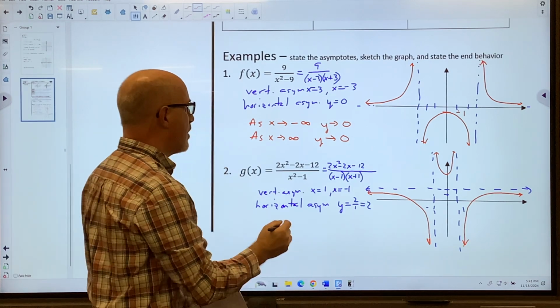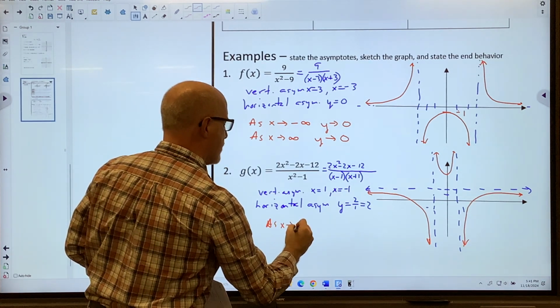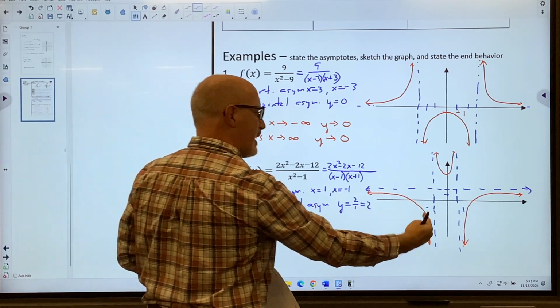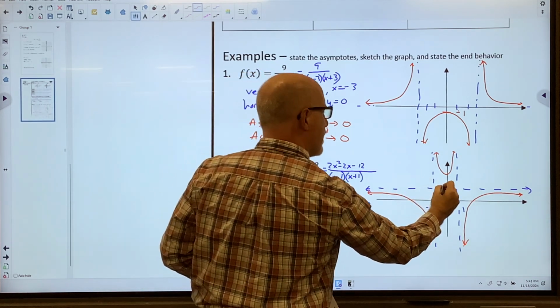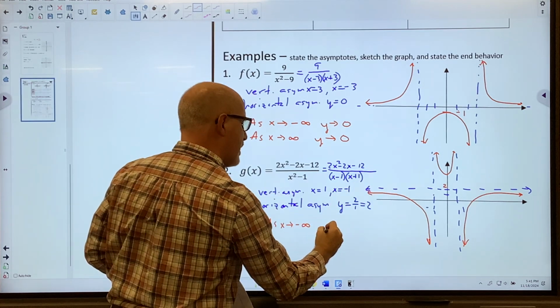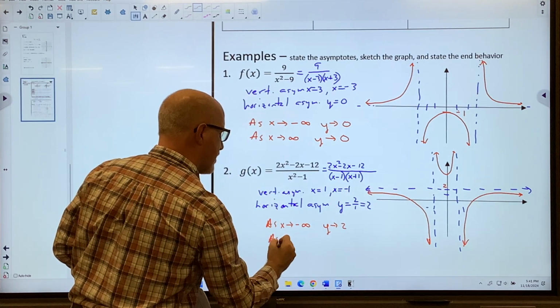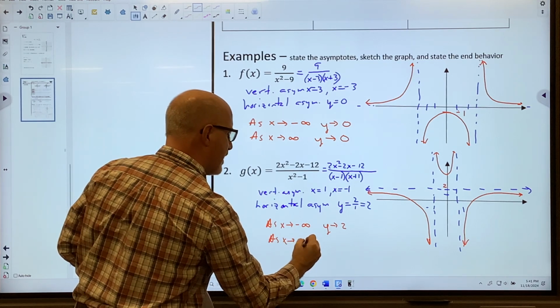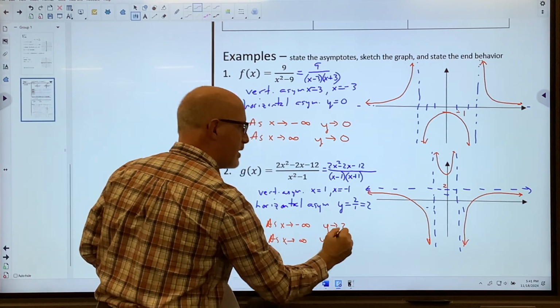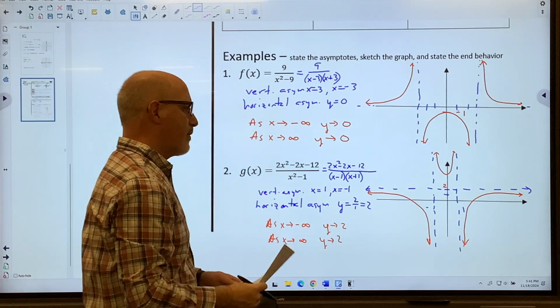Now we want to do our end behavior. So as x goes to negative infinity, we're getting close to this 2 on the y-axis from below, but it's still getting close to it. So y goes to 2, and as x goes to positive infinity, the y is going to 2, but from the bottom.